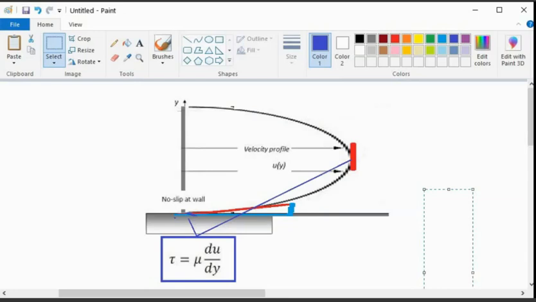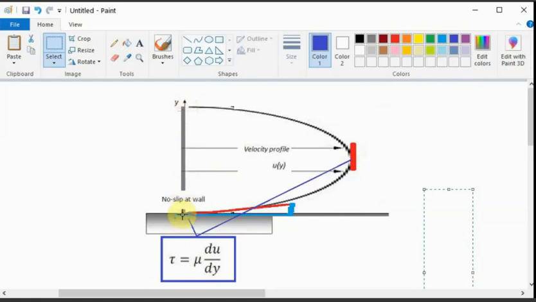The horizontal axis represents the axis of the pipe, and y is the vertical axis connecting from the bottom wall of the pipe, and maximum y will be the diameter of the pipe.